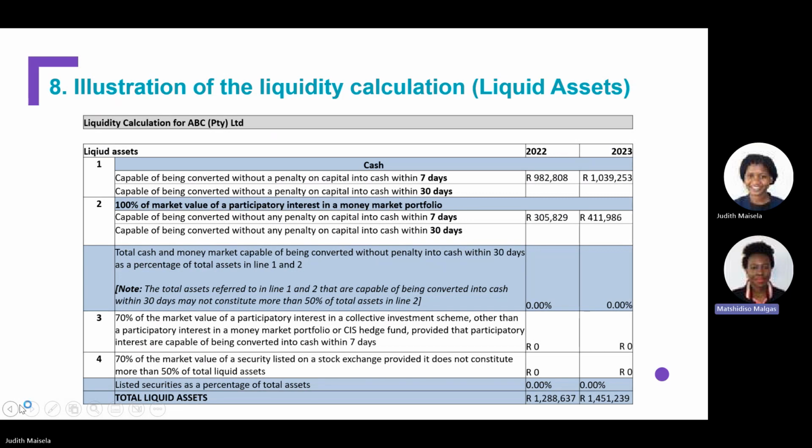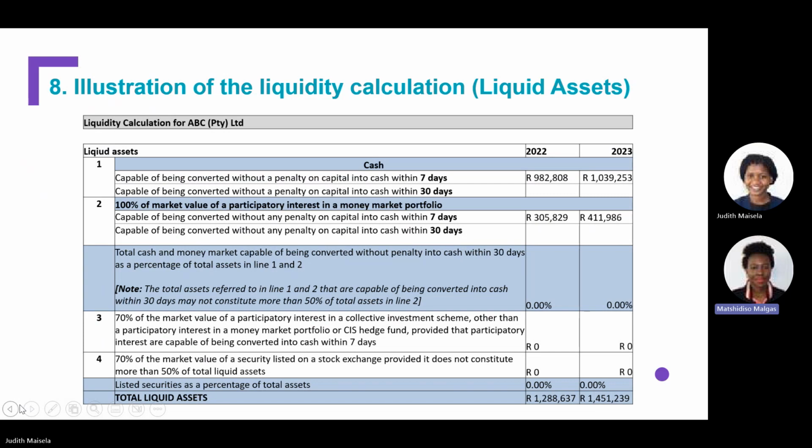Secondly, what do we consider as liquid assets? Row 2: what we consider to be liquid assets are 100% of the market value of a participatory interest in a money market portfolio. And these must also be capable of being converted without any penalty on capital into cash within 7 days, and also those that can be converted without a penalty into cash within 30 days.